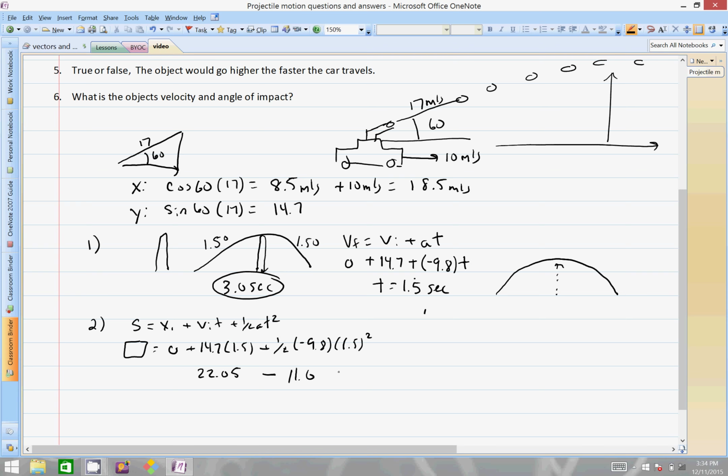Ends up being just about exactly half of it. In this case, 11.05. That's it. The distance equals 11.05 meters high.